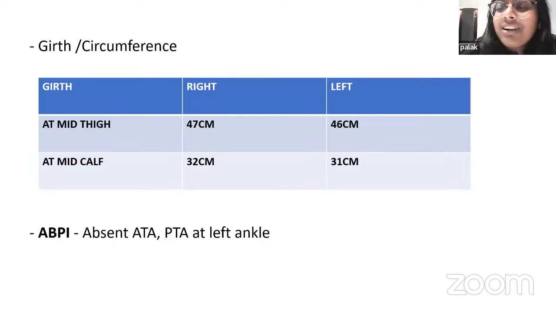Sir, I have seen on a normal triphasic flow ultrasound Doppler more than 100, 120. It's generally 50 to 60 centimeters per second. Okay, 50 to 60 centimeters per second. And suppose it's 75 centimeters per second, what will you think of?